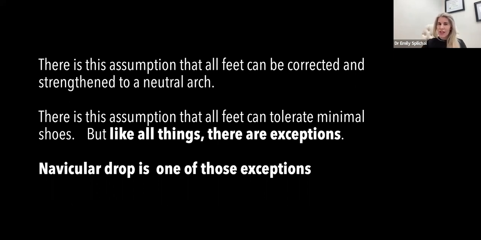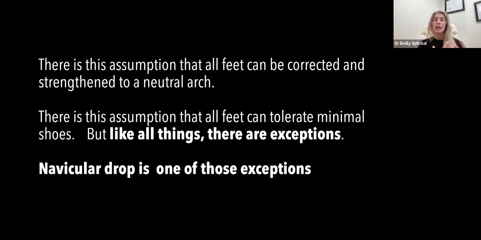But like all things, there are exceptions to every single rule. And navicular drop is going to be one of those exceptions, when it comes to perhaps certain foot types that cannot tolerate minimal shoes, or maybe cannot tolerate minimal shoes all day, or maybe cannot tolerate minimal shoes when they run. Children, I actually just saw a patient today that had quite extensive navicular drop.